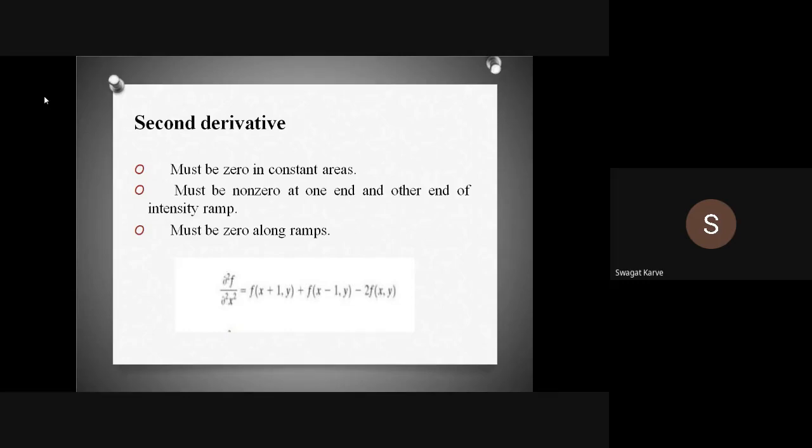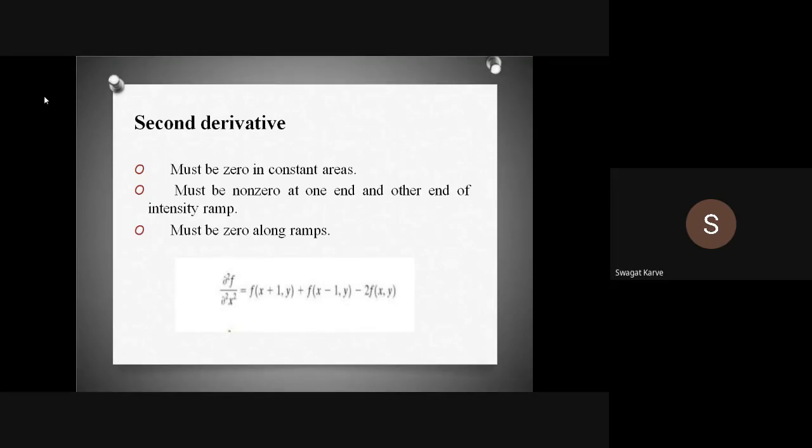Okay, now the last, the third type, is the high boost filter. Actually this type of filter is not in your syllabus, but still we will discuss something about it. This high boost filter or unsharp masking filter is nothing but the original image minus the low pass filtered image, right?